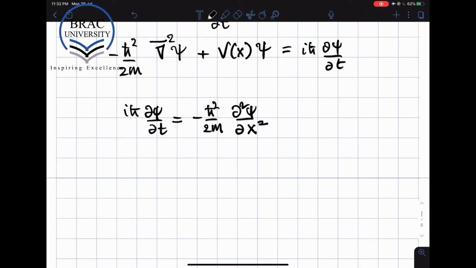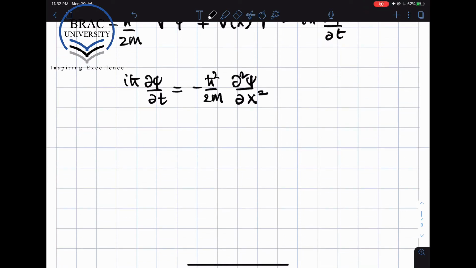We also already saw that the solution to this equation is psi equal to some normalization times e to the power i by h bar (px minus Et).